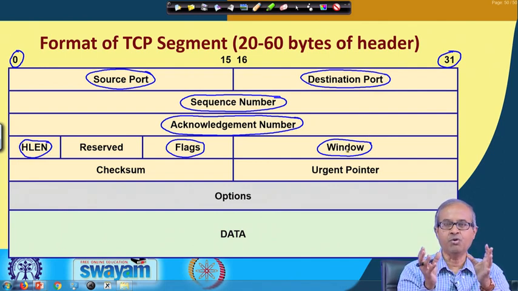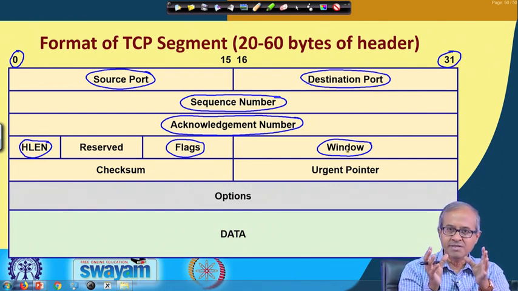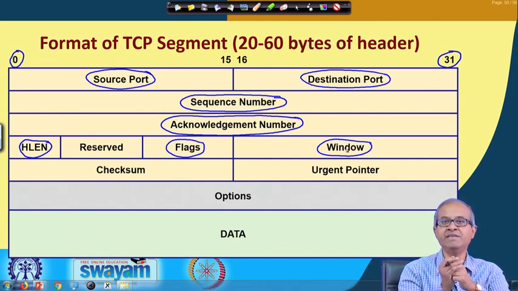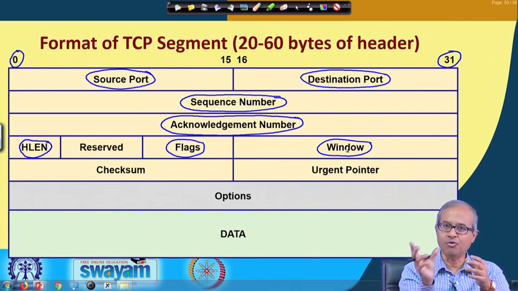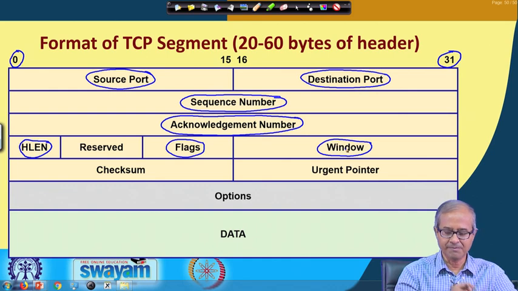So, this window specifies this so called sliding window and is used for flow control. Flow control means the maximum speed of data transmission you can control by changing the size of this window. Okay.